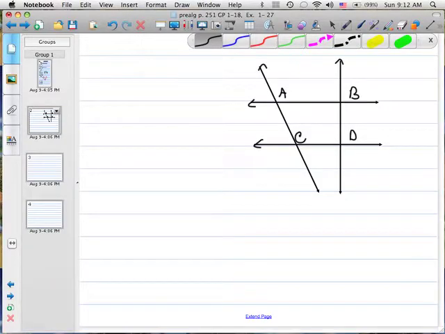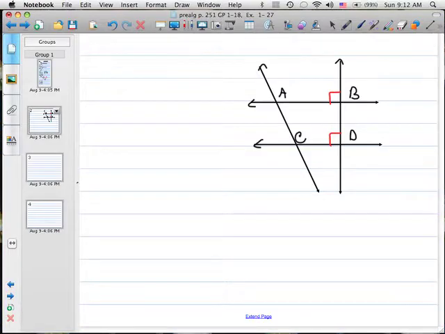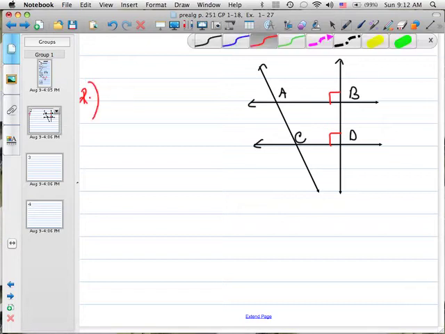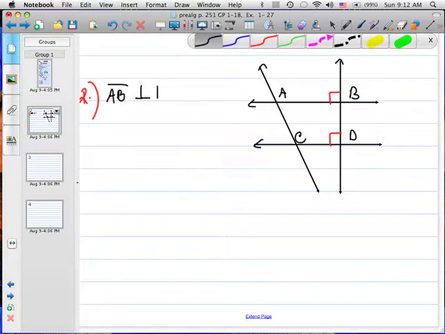And then they have indicated these are right angles here. So problem number 2 on the exercises. Line AB is perpendicular to line DB. So here's AB and here's DB, and they form right angles, so the answer is true.